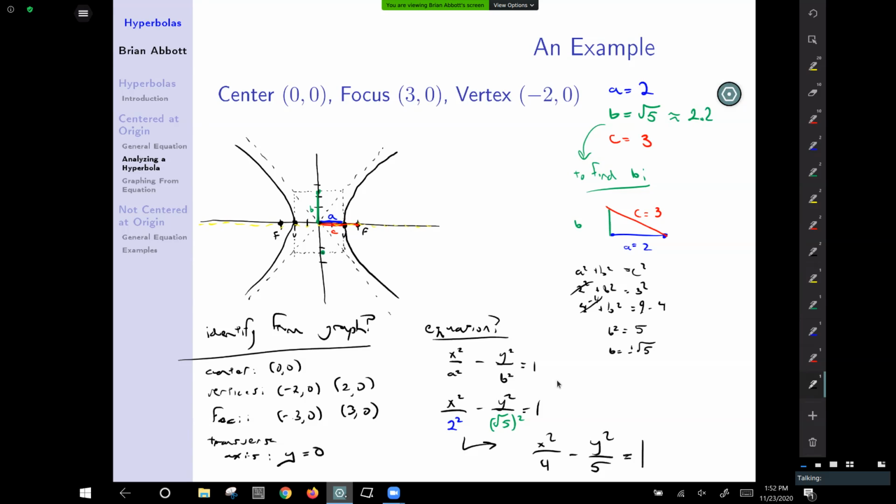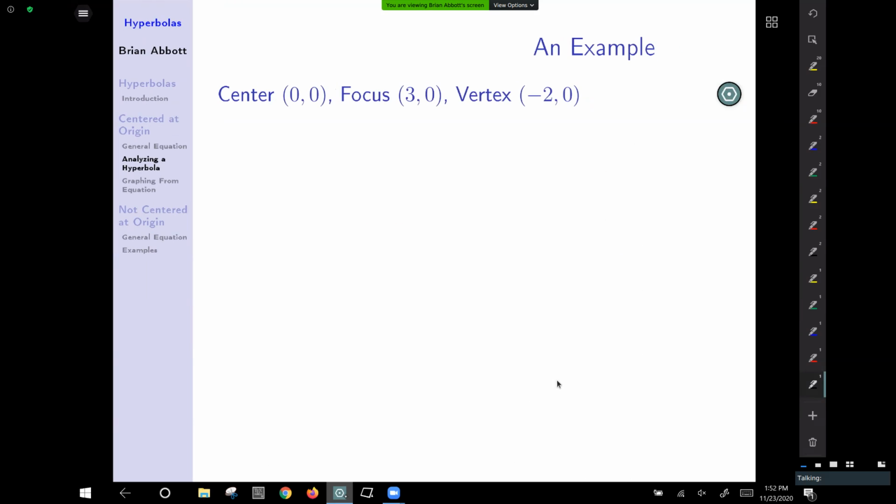So far we've done quite a few things. We've come up with the equation. We've identified all the key parts from the graph. The next thing we want to ask ourselves is, what about these guys? What about our asymptotes? They pretty well define this thing, so they seem pretty important. Let's see if we can figure those out. We'll redraw the picture over here, focusing on the asymptotes.